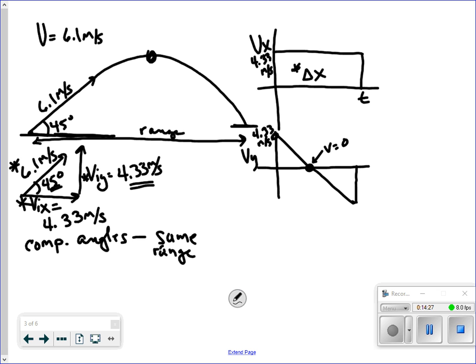And if you land on the same level, right, think about it. If I went up 10 meters, I got to come down 10 meters. These two areas, they match. They're identical. And this is the halfway point. Now don't be fooled, that's not every single time. It's when you land on the same level.